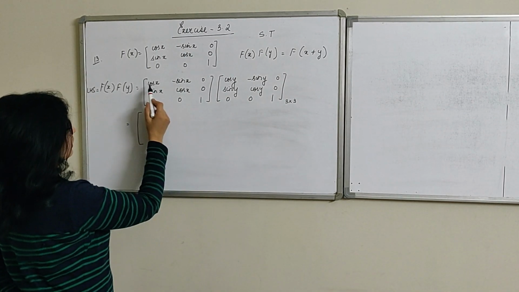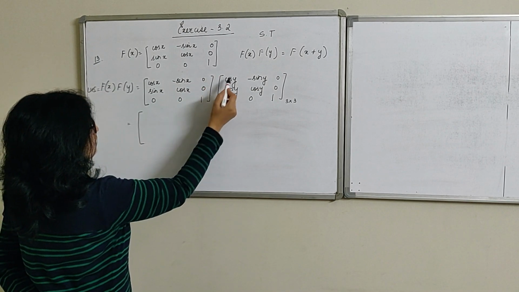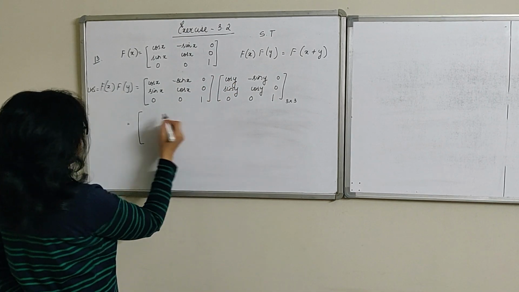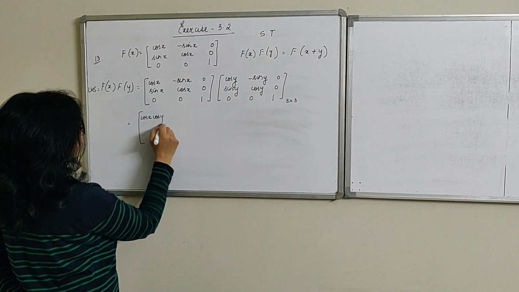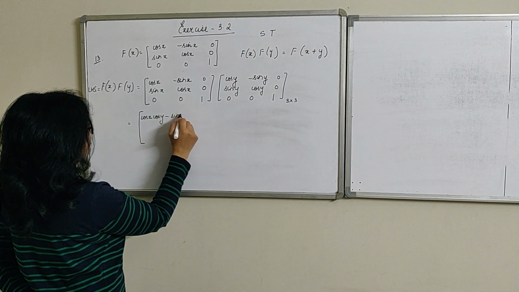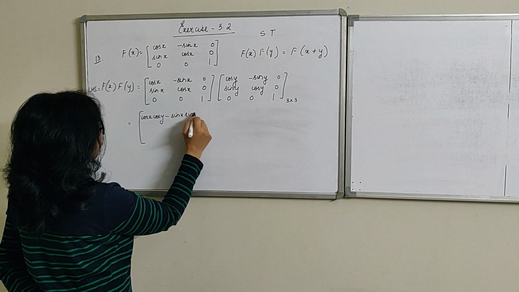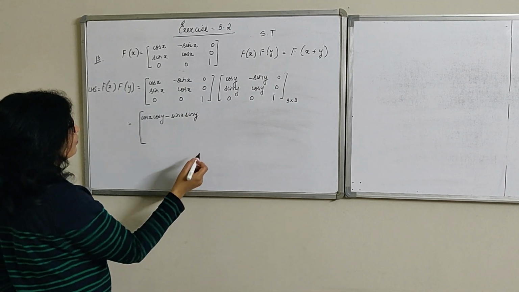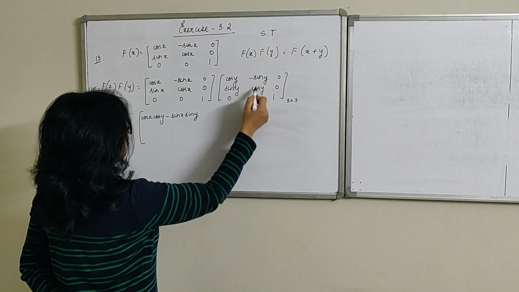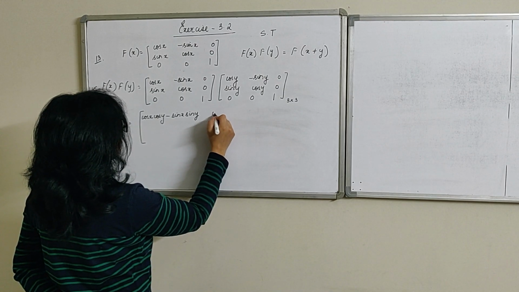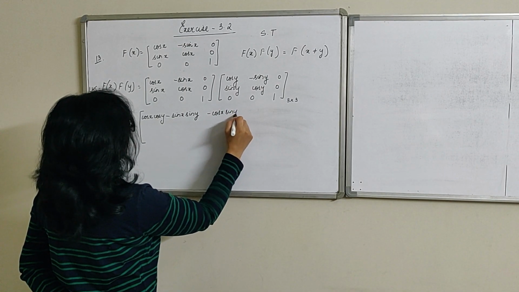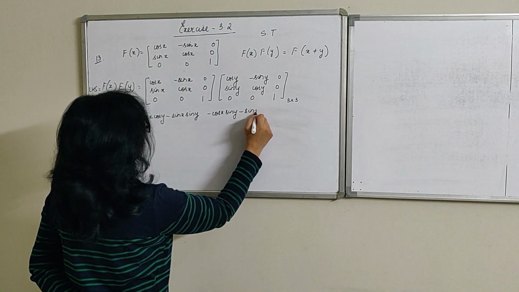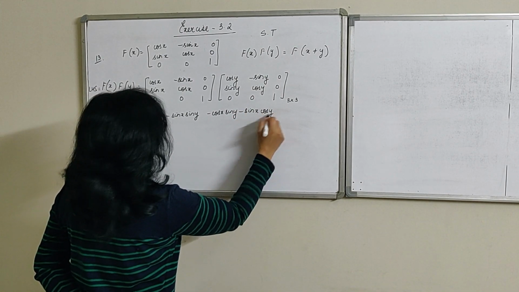So let's start multiplication. The first row elements multiplied by the first column, corresponding elements give us cos x cos y minus sin x sin y plus 0. Then first row element multiplied by second column. So it is minus cos x sin y minus sin x cos y plus 0.